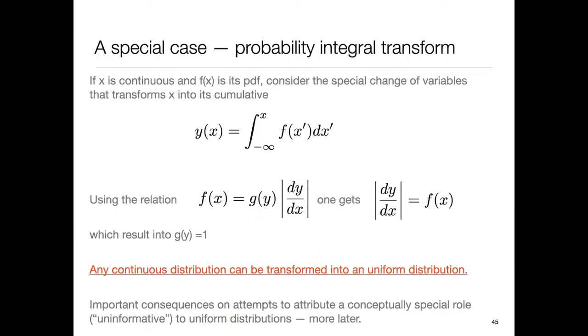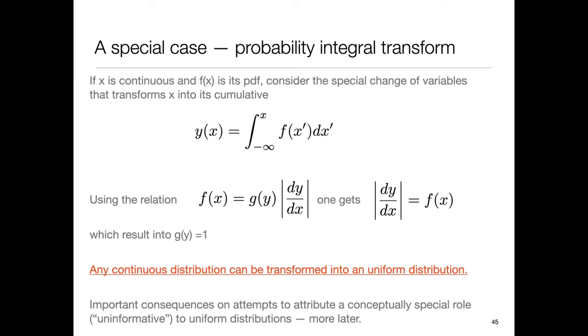A special case of this is when X is continuous. I can use as a transformed variable the cumulative of X. So what in the previous slide I called Y, in this slide is actually the cumulative.